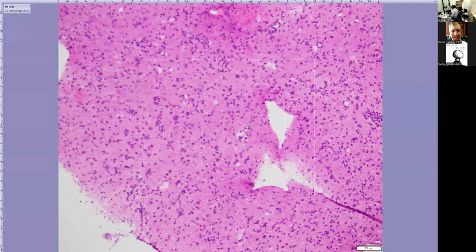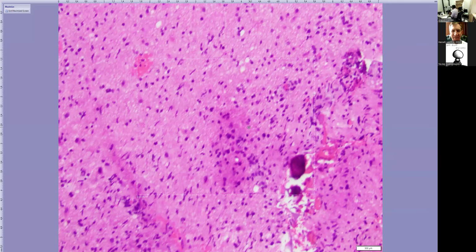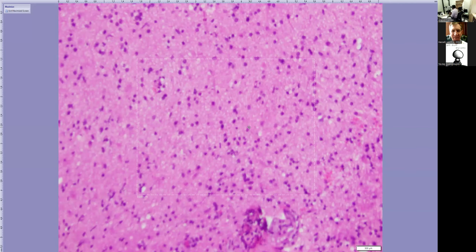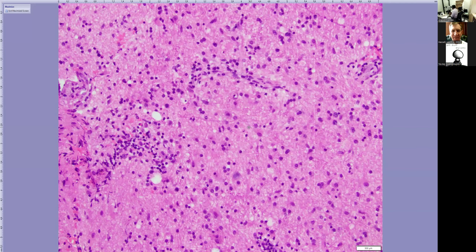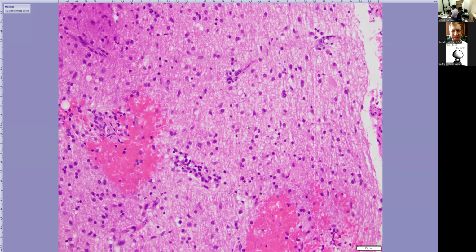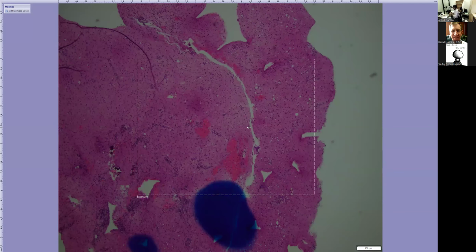We did not know if this was some kind of a glial neoplasm, or some kind of lymphoid cells, or some kind of metastatic carcinoma in a diffuse pattern, like a carcinomatosis cerebri pattern, or a metastatic melanoma, which can sometimes present with no history.